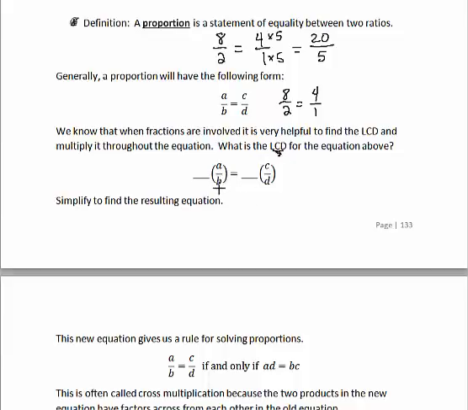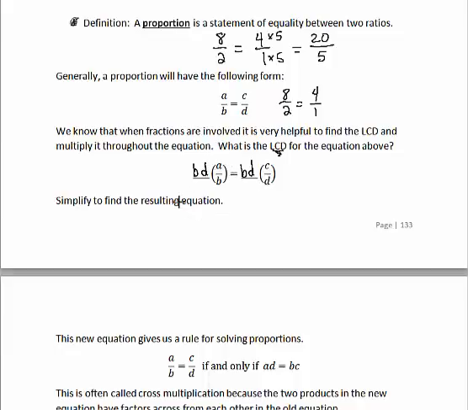In this case, we don't know what B and D are, and so just to be safe, we have to put B and D in the lowest common denominator. This LCD has to be divisible by both variables. So if we wanted to get rid of the fractions, we would have to multiply the left and the right side of the proportion by B and D.